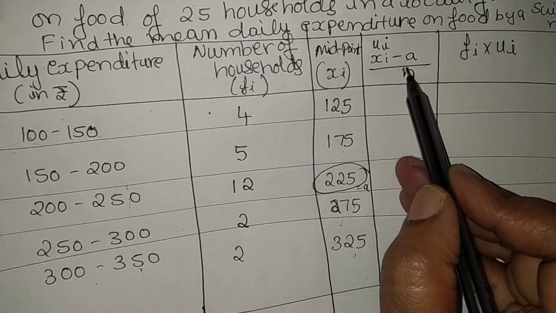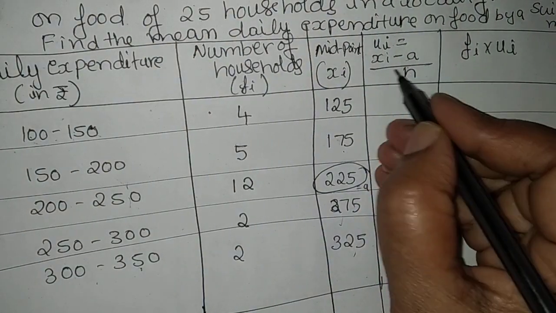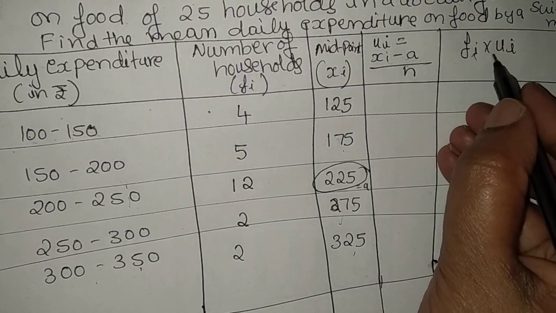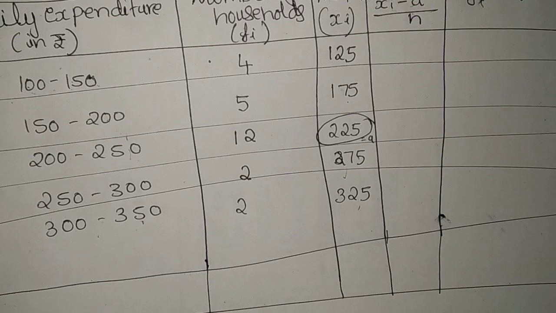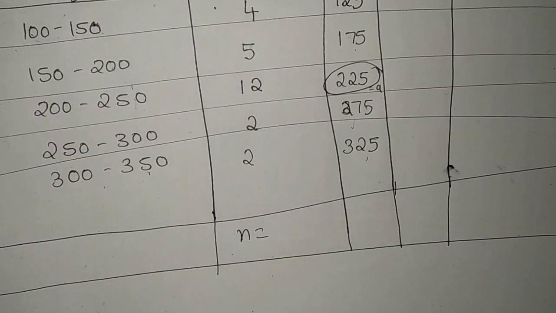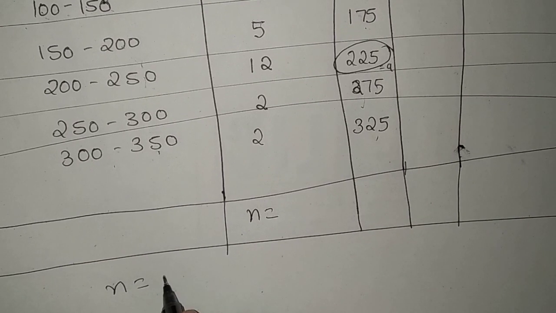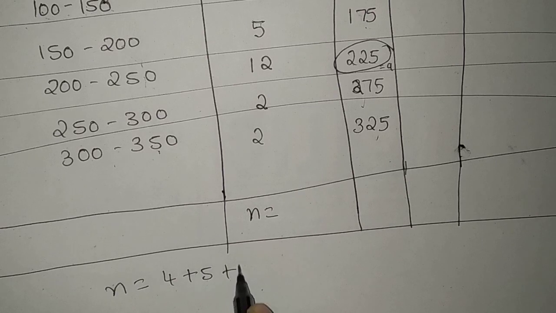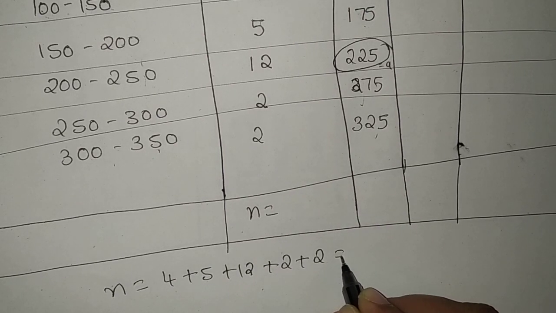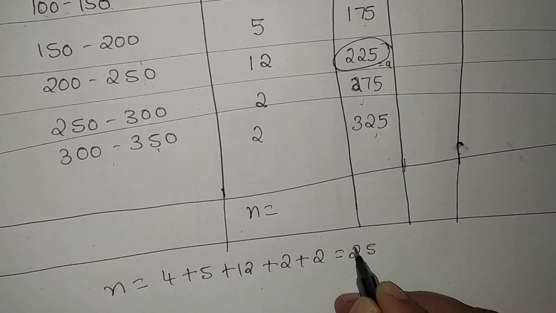Then we calculate ui using the formula xi minus a by h, and lastly fi into ui. So what is n here? N is equal to the sum of all these: 4 plus 5 plus 12 plus 2 plus 2, which is equal to 25.